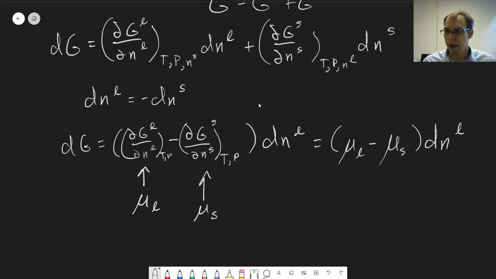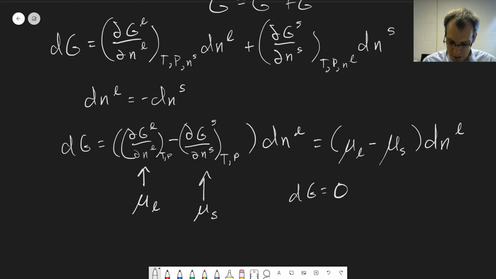Okay, and what can we say about this at equilibrium? Well, at equilibrium, we know that dG is equal to 0. That's from our definition of spontaneity. Spontaneous processes happen only if we have a negative delta G. If delta G is equal to 0, that's like a reversible process. That's an equilibrium.